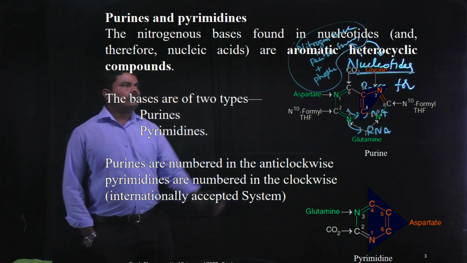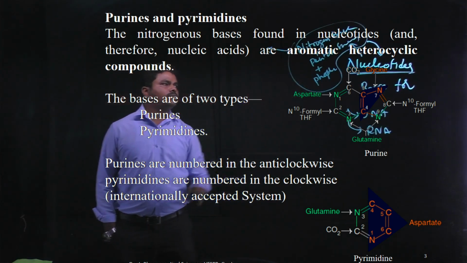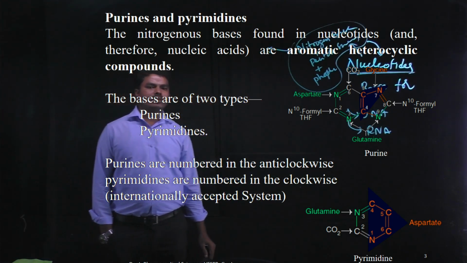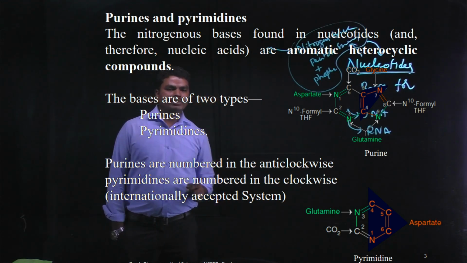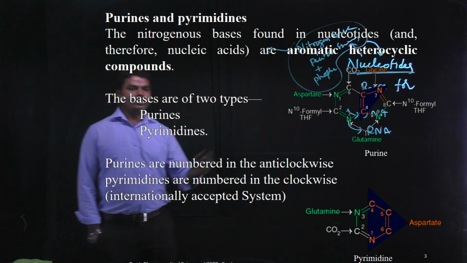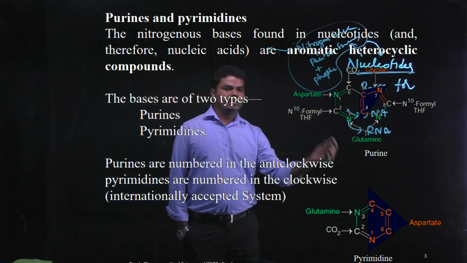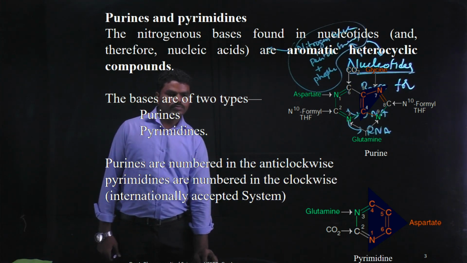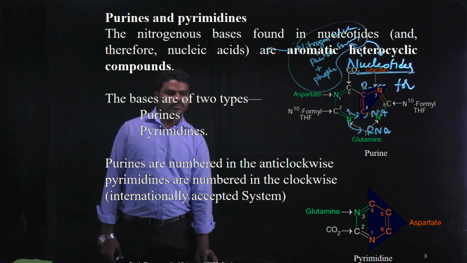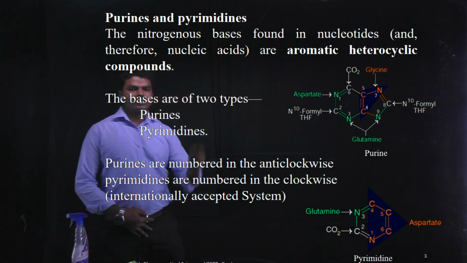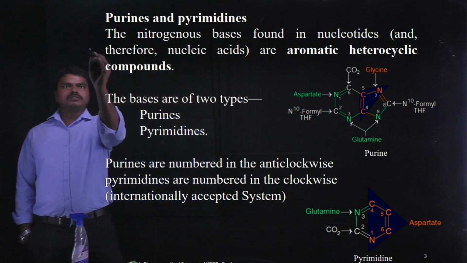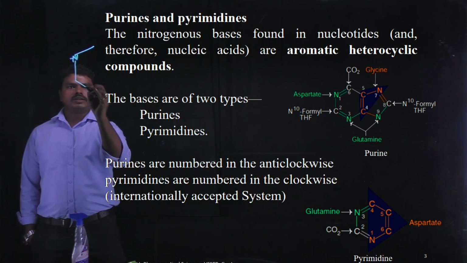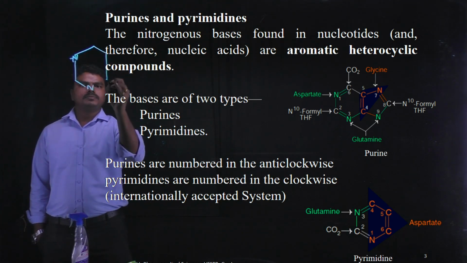Next, what are the nitrogen bases which are present in the nucleotides? The nitrogen bases present in the nucleotides are purines and pyrimidines. Here we can see the structures of purine and pyrimidine. The structure of purine consists of 4 nitrogen atoms in the heterocyclic rings.